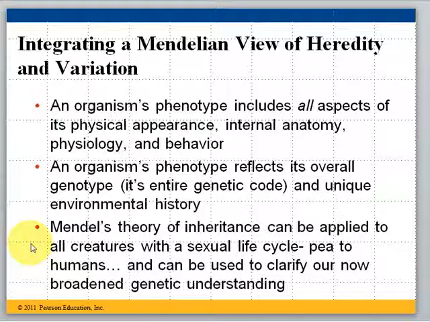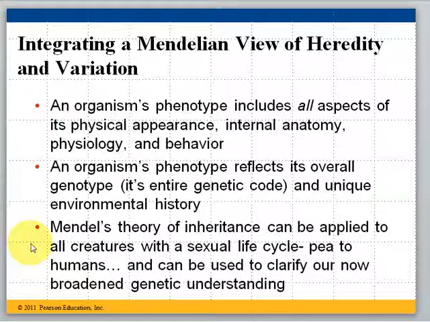All of those could be considered phenotypes, or the overall phenotype of the creature. The phenotype of a creature will reflect its overall genotype and its environment. So the way a creature behaves, the way it works inside, the way it looks, that is a product of a number of factors, including its genetics, but also including environmental factors.